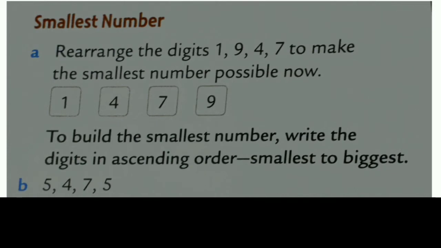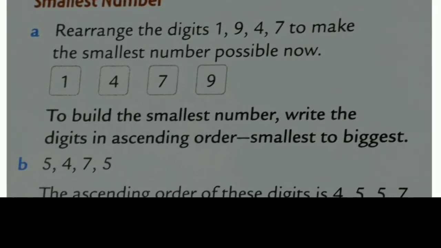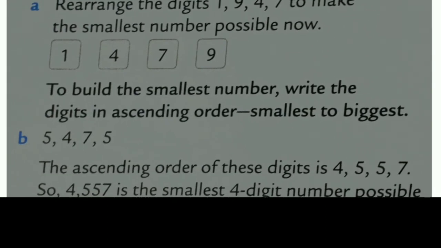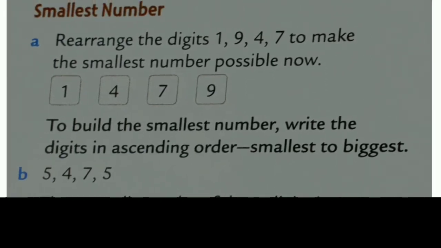Smallest number in this one: 1, then 4, next 7 and the last is 9. We will arrange like this: 1, 4, 7, 9. This is known as ascending order. Smallest number means ascending order, smallest to biggest.